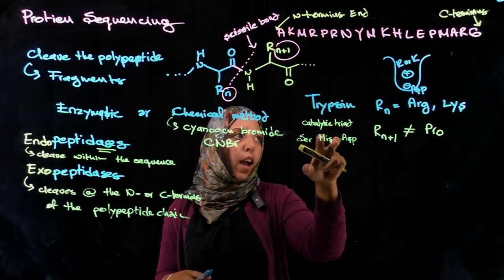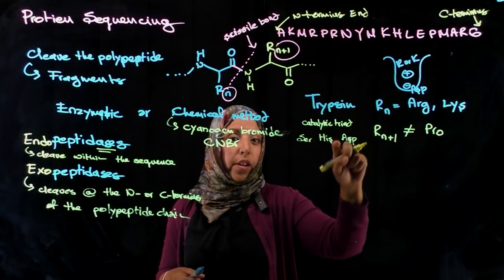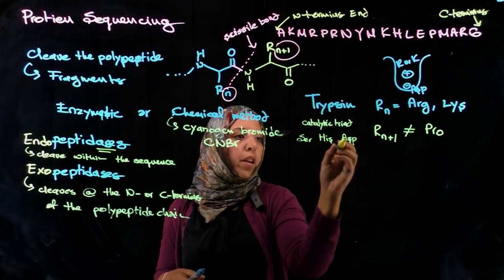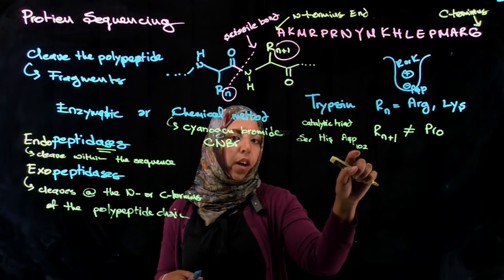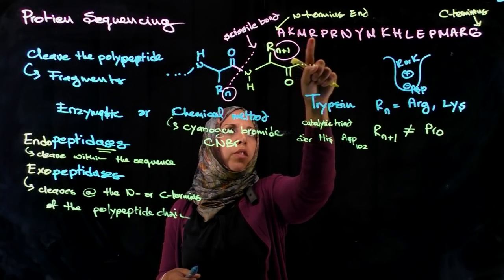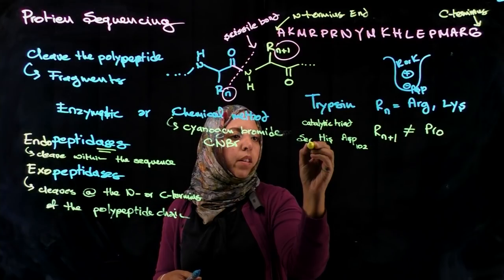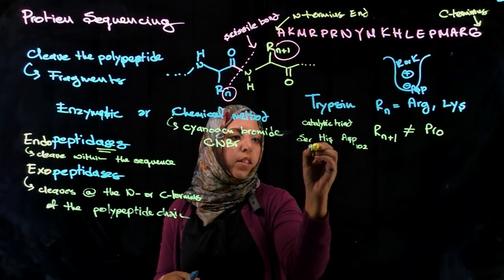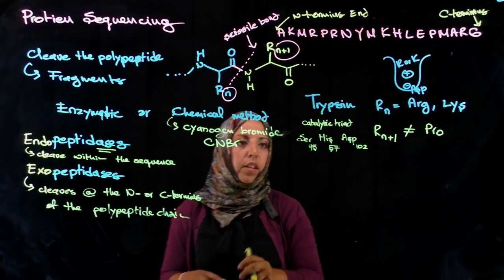They're all present at the active site. And that aspartic acid is a different aspartic acid residue, at position 102, so it is amino acid number 102. That's 102. The serine, I believe, is 95, and the histidine is 57.